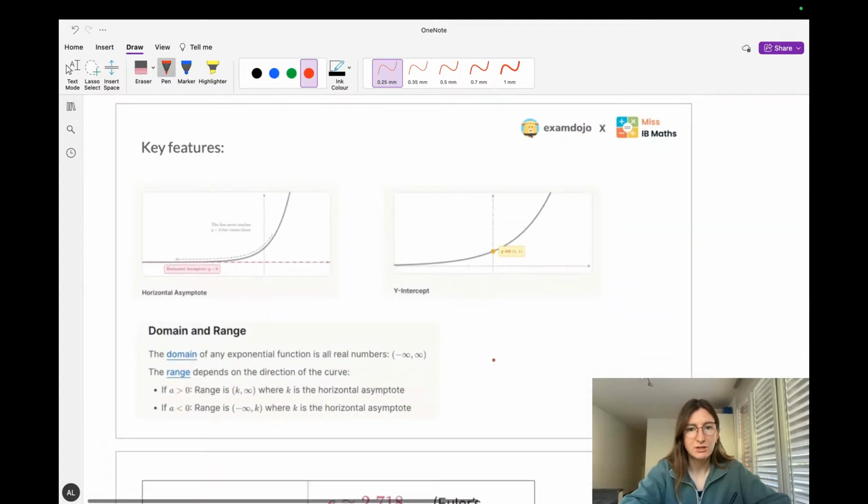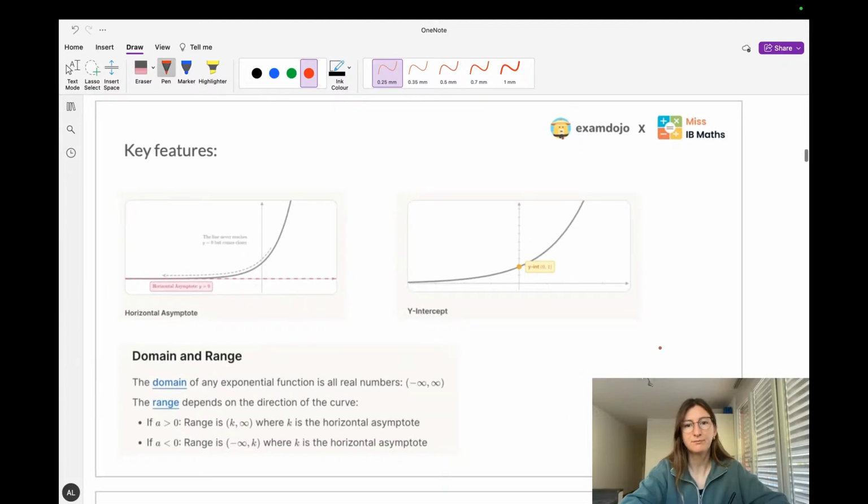So key features of an exponential function. One is the horizontal asymptote. So the parent function, like before we've done any transformations on it, say 2 to the power of x, will have a horizontal asymptote of y equals 0. So it never goes below the x-axis. So that dotted line there has the asymptote, and then it will keep continuing upwards.